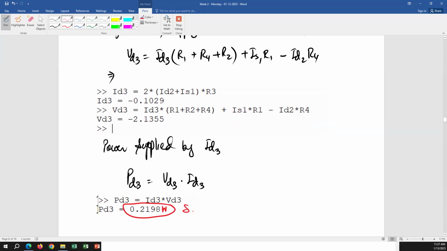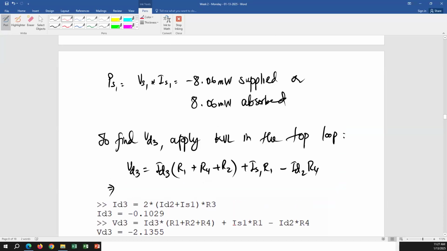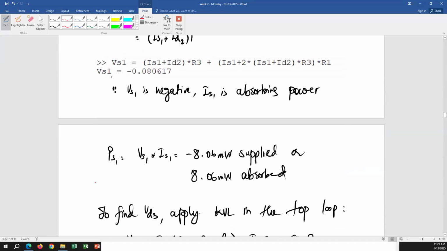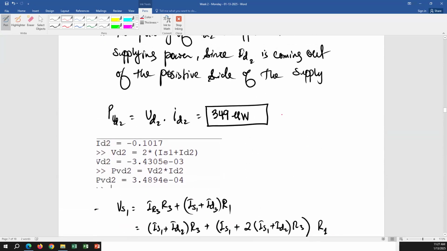This is supplied. We have power absorbed, we already mentioned that. Negative power supplied, positive power absorbed. And the first one is supplied as well. So both dependent sources are supplying power, and the independent source is absorbing power. Pretty interesting question.